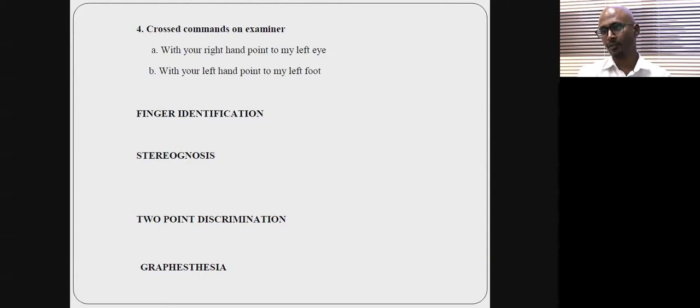As part of that, we ask the person to identify the fingers on themselves as well as on the other person. If there is a problem with that, the problem is likely to be in the angular gyrus in the dominant hemisphere. For the parietal lobe, you also check 2-point discrimination, graphesthesia, and stereognosis. This is quite important in syndromes like the corticobasal syndrome, which predominantly involves the sensory cortex.